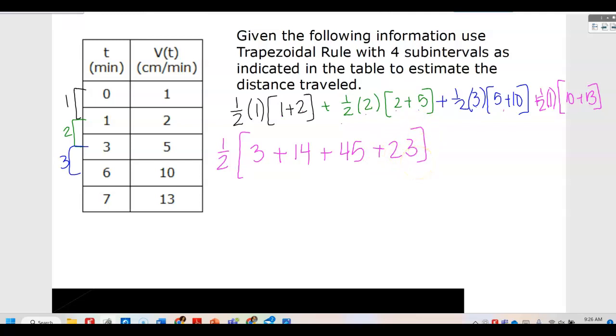My hope is that when I add these together I get an even number so it's easier to divide, but you never know. So 3 plus 14 is 17. 17 plus 23 is really nice. So we end up getting 30 plus 10, which is 40. And then 40 plus 45 is 85. 85 is not even, it doesn't divide nicely. But 85 divided by 2 is 42.5. So we have 42.5 centimeters.